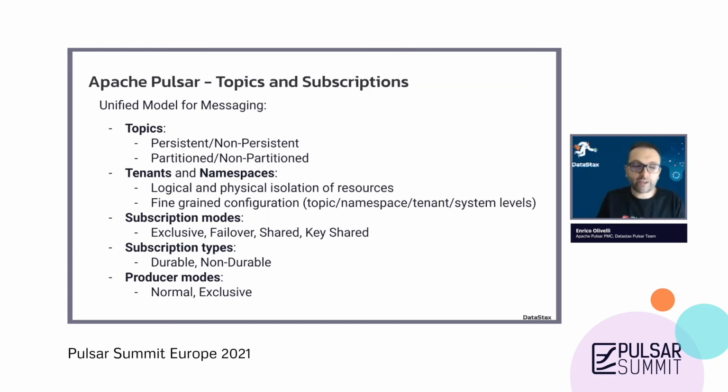You have fine-grained control over all configuration aspects at system, tenant, namespace, and topic level. So yes, you can really adapt and tailor your system to your situation. And also you can consolidate many different Pulsar-based applications, JMS applications, in one single cluster and configure each application depending on the needs.